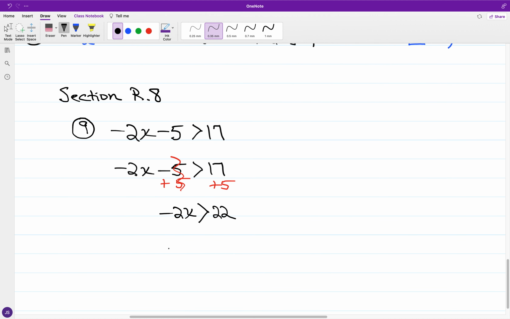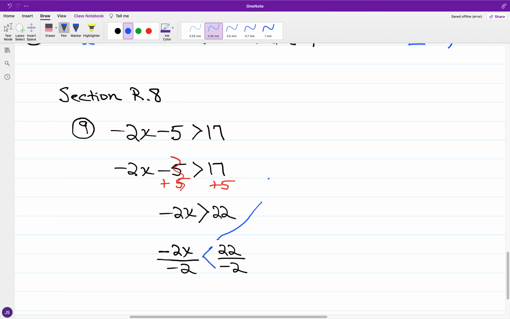And as I look at going from negative 2x to x, something you might be encountering for the first time, or something you've not dealt with in quite a while: there is a rule that if you have an inequality and you multiply or divide by a negative, the direction of the inequality is going to change.